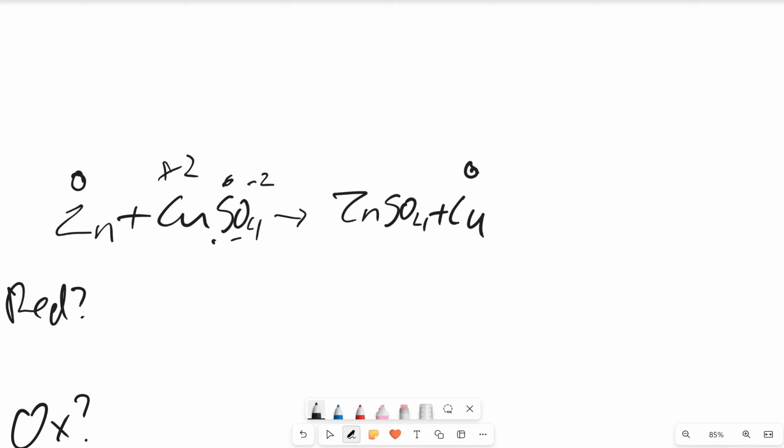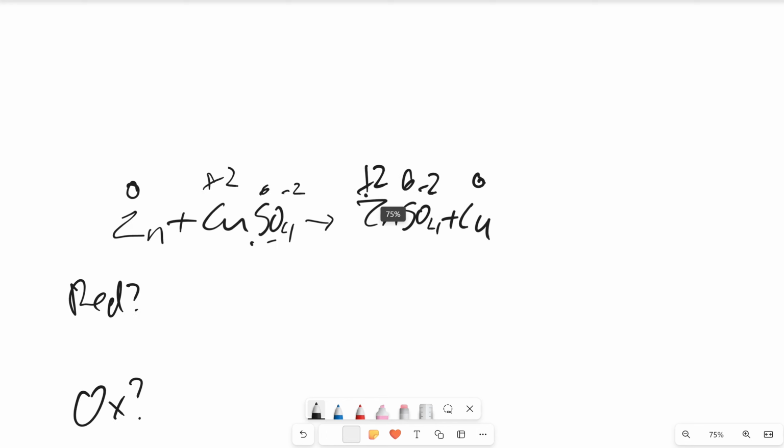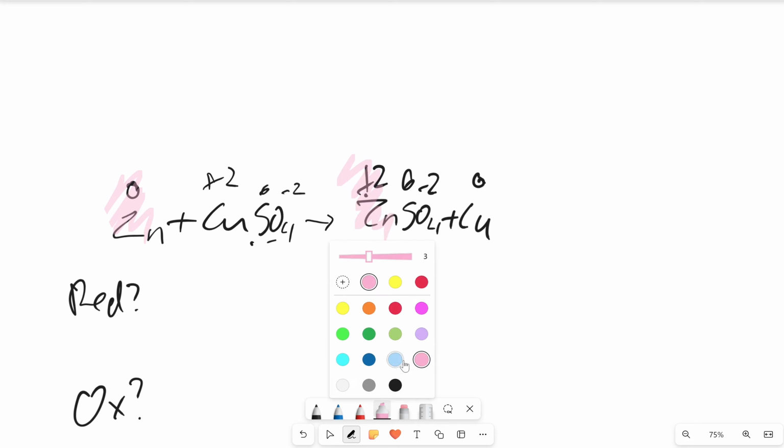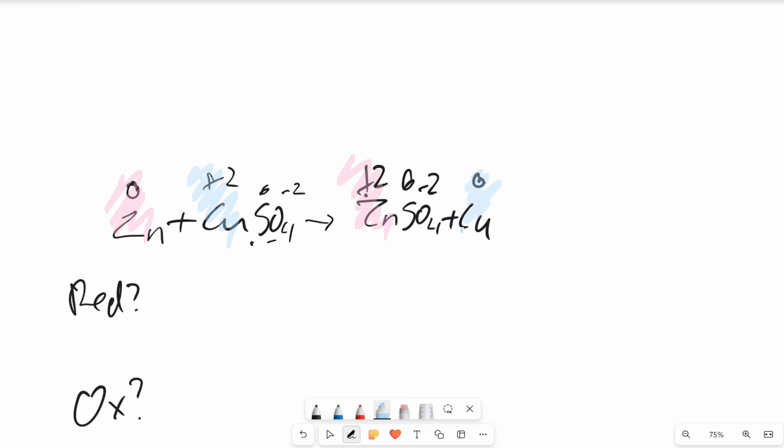Okay, well, copper is easy. Copper is 0, right? And then next is zinc. Zinc is going to be +2, right? And then S is still 6. O is still -2. Okay, so now what do we notice? We notice that we have zinc right here, changing numbers. And we also notice that copper right here is also changing numbers.